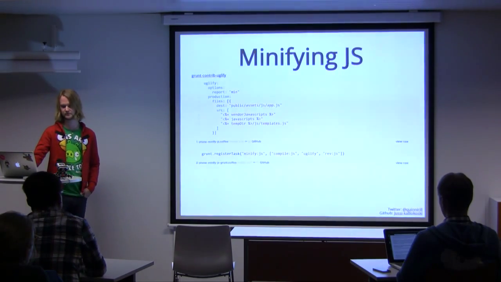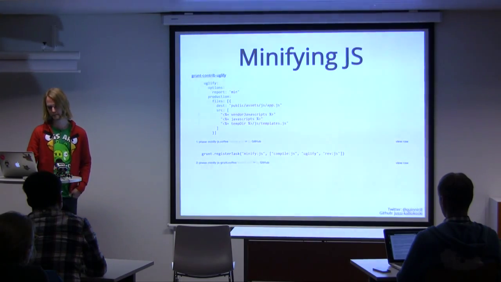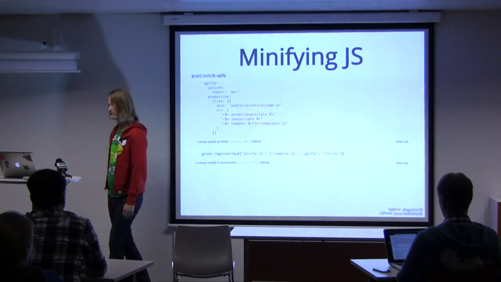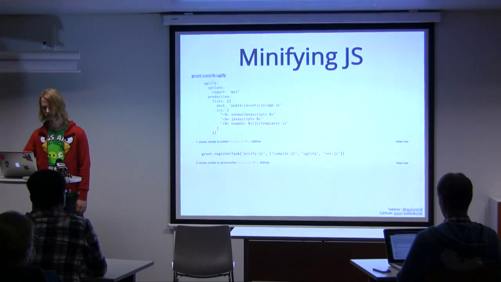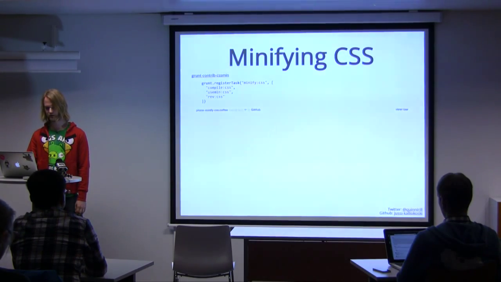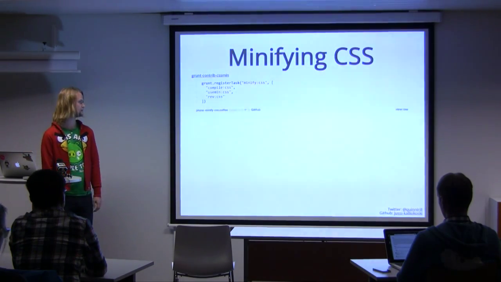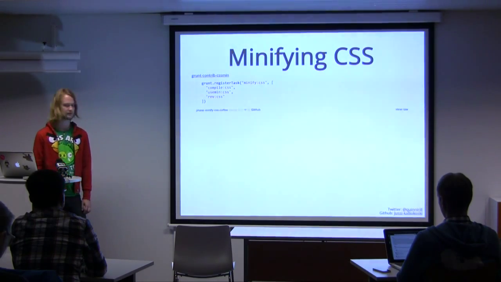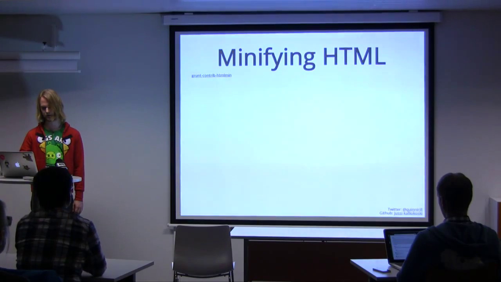Then for minifying JS, just uglify, pretty basic stuff. We first run the compilation phase, then we uglify it, then we do the revision marking. After that, minifying CSS: we compile, then we go with usemin to fix the links, then we revision mark.